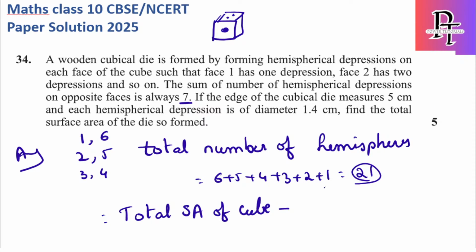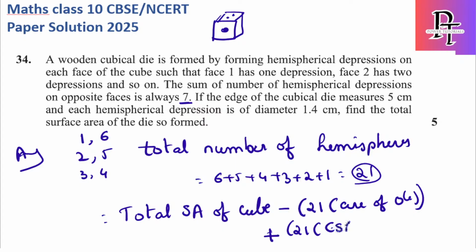So minus 21 into the area of circles, plus, as we are talking about area, the depression area also we need to consider, which is nothing but 21 into the area or CSA of the hemisphere.